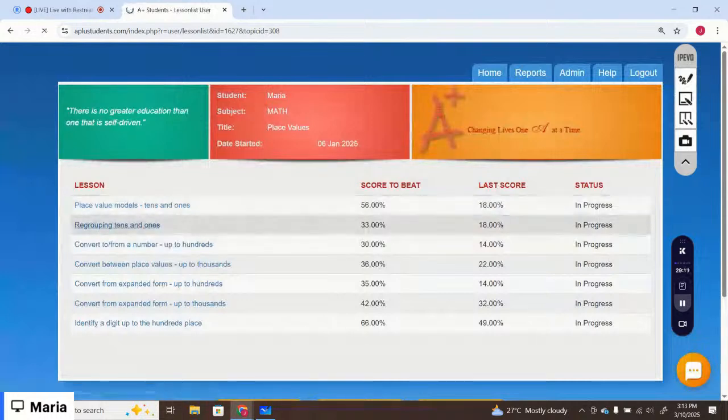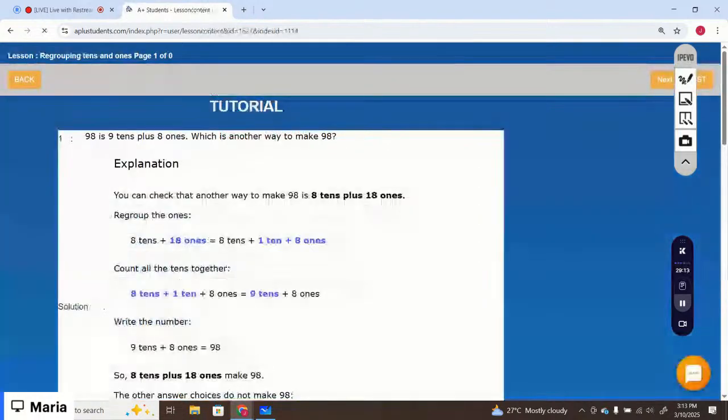Okay, the next lesson is regrouping tens and ones. 98 is 9 tens plus 8 ones, and we have to find another way to make 98.